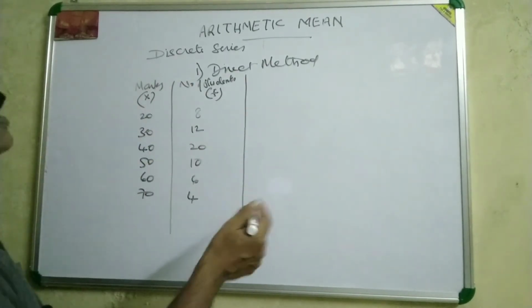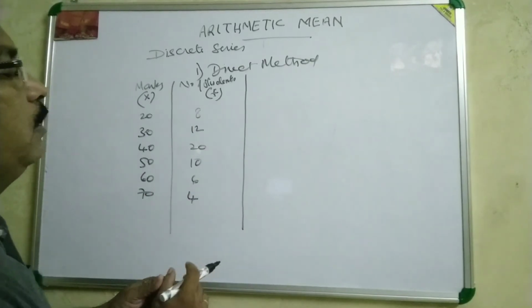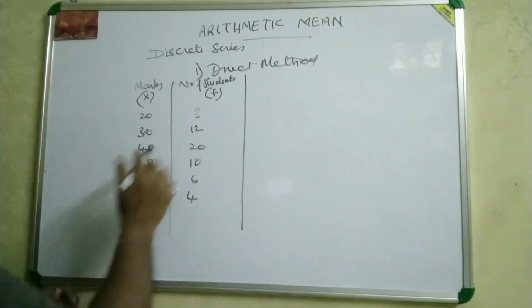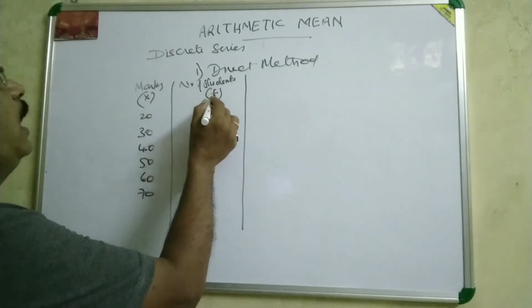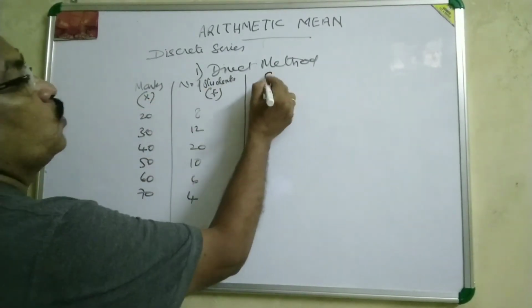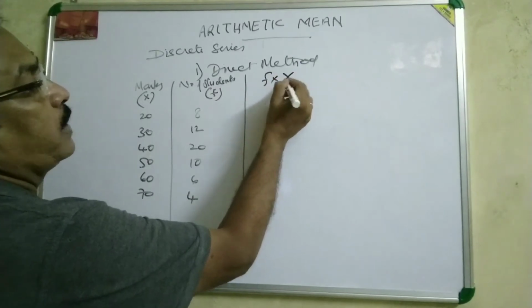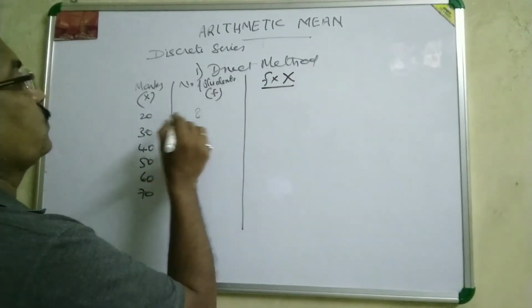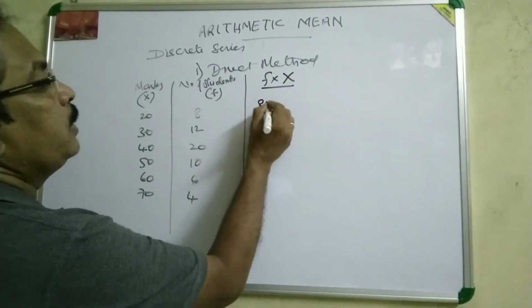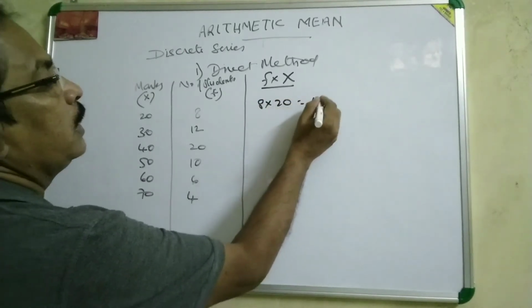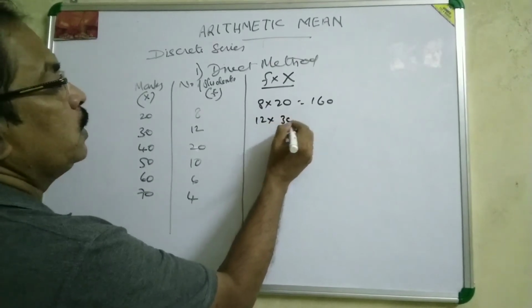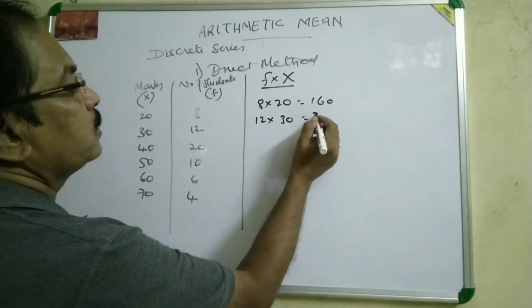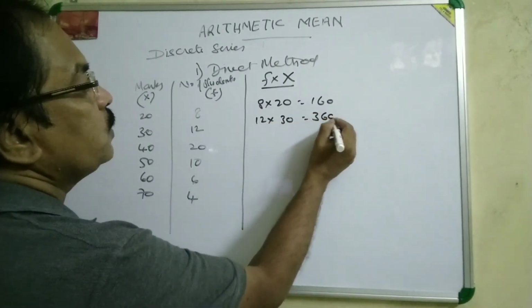Now how to proceed to calculate arithmetic mean? We have to calculate fx, that we will calculate by multiplying f and x. So f into x, we will get fx. f is 8, 8 into 20, that is 160. Then 12 into 30, that is 360.